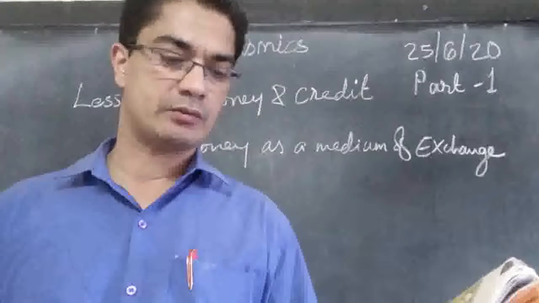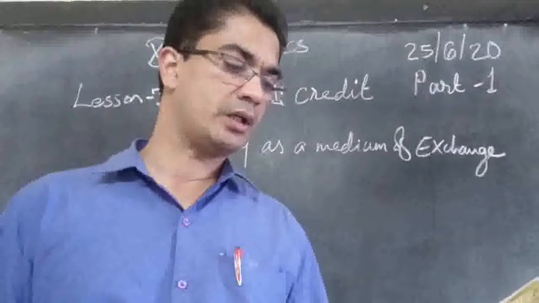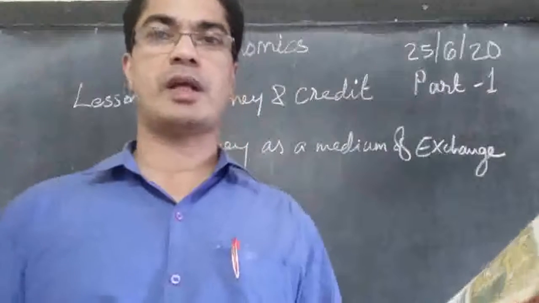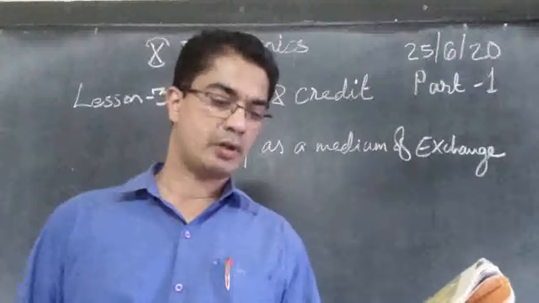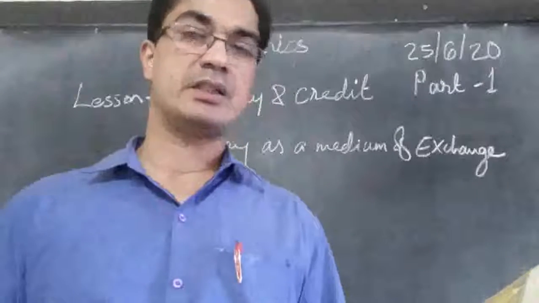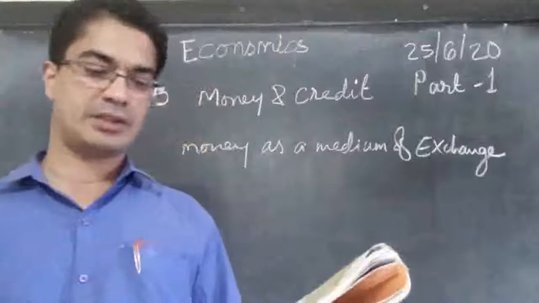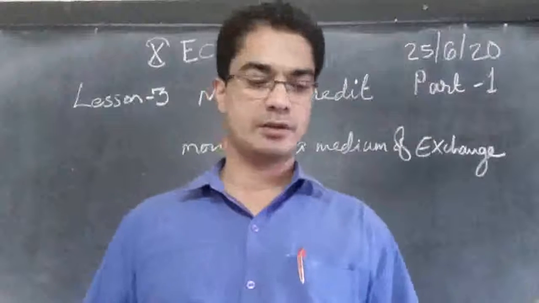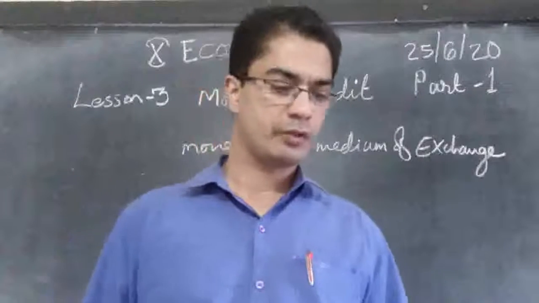In a barter system where goods are directly exchanged without the use of money, double coincidence of wants is an essential feature. So you can underline that also. In a barter system, double coincidence of wants is an essential feature. Or they will ask, in a barter system, dash is an essential feature. What is that? It is double coincidence of wants.